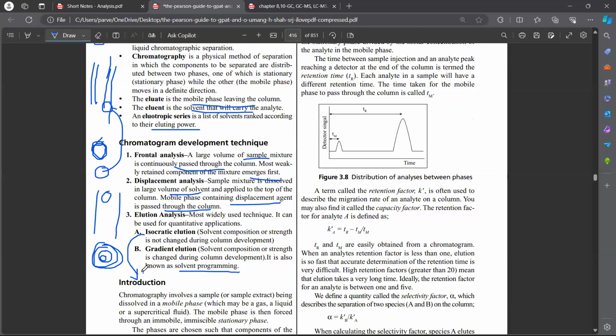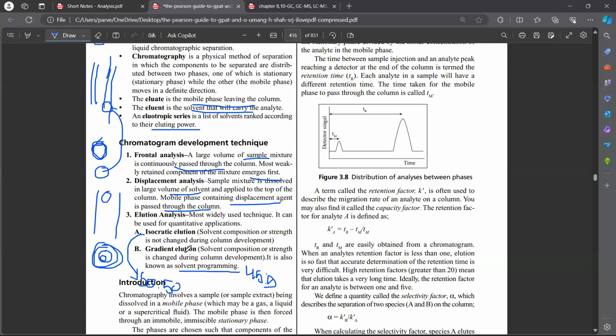For example, I start with 50% methanol and 50% acetonitrile, and during the whole chromatography I maintain this ratio only. But in gradient elution, I will change it. For example, in the first hour I start with 45, 50, next hour I take 55, 60. Like this, I change the concentration of the solvents so that I can change its polarity.